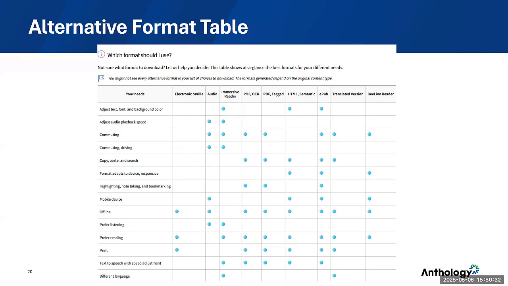So a lot of it goes back to commuting, or students that might have tired eyes or chronic pain in their eyes because they're staring at the computer so long. The Beeline reader is a great example of an alternative format to help with that because it applies different color gradients to the text, and it's intended to reduce eye strain. And that might not necessarily be due to any specific type of impairment.